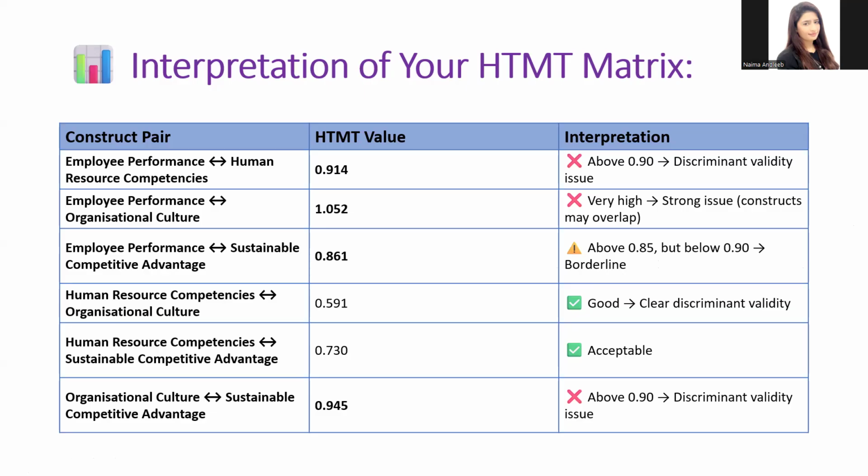Then you also see 0.591 is good, acceptable, also 0.730, and then here comes 0.945, meaning 4-5 points higher than above. A discriminant validity issue exists here also.